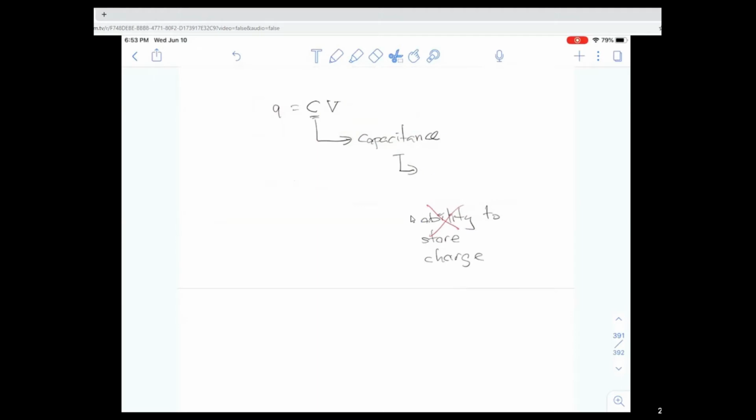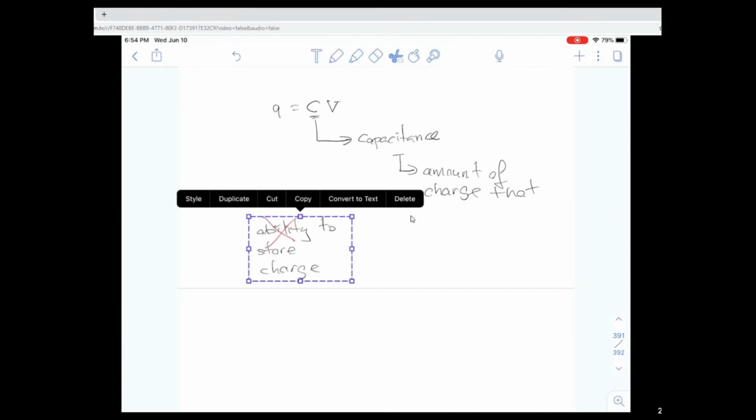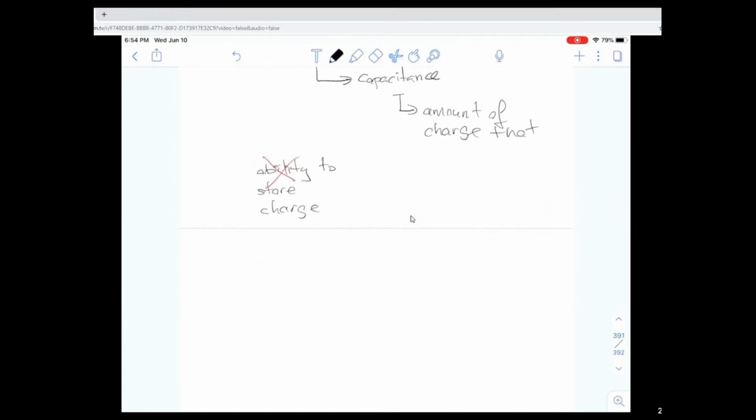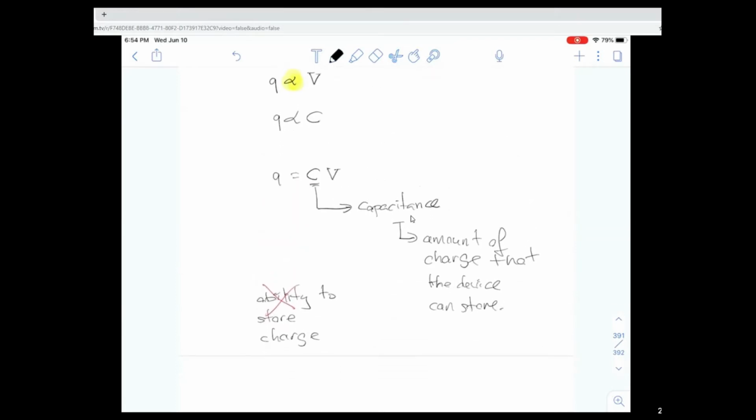So it's the amount of charge that it can hold, that the device is going to be able to store. All right, so the amount of charge that a storage device can store, charge storage device. It's not ability to hold a charge. It's the amount of charge that you can store on it.